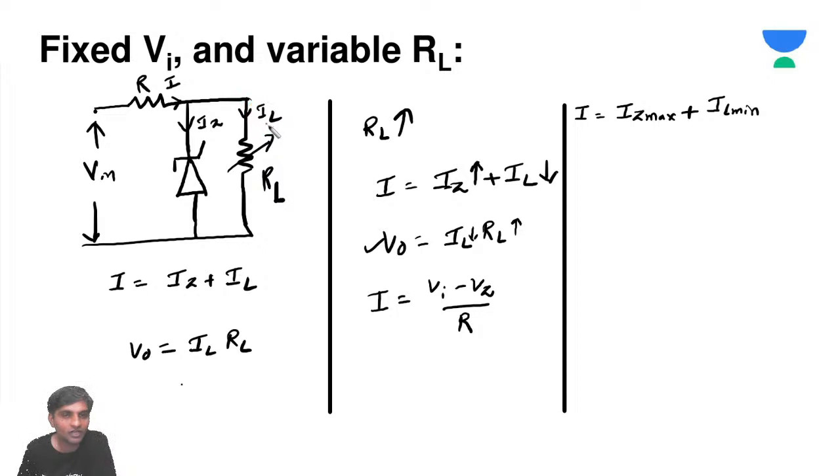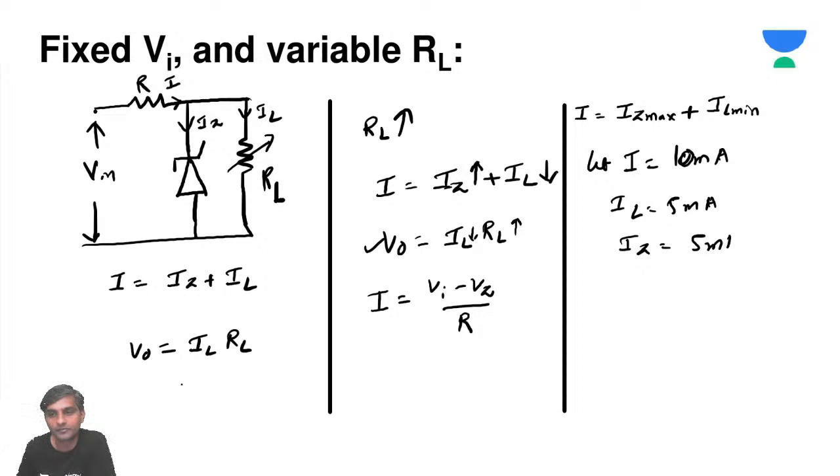Let's say IL is 1 milliamp at minimum. I'll tell you an example right here. Let I be equal to 10 milliamps, and then IL is equal to 5 milliamps, and then IZ is also 5 milliamps. So as RL is increasing, let's say IL has become 1 milliamp. When IL becomes 1 milliamp, IZ should be how much, sir?